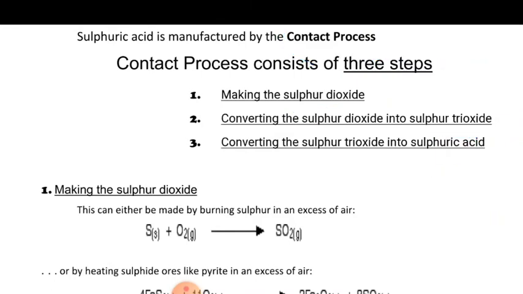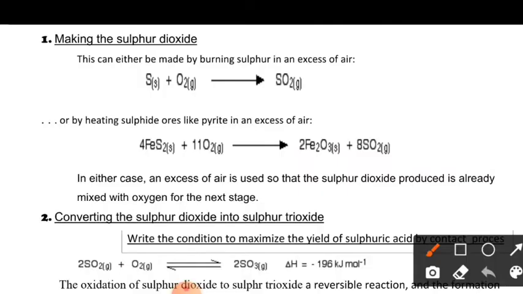Let us discuss one by one. The first one, manufacturing of sulfur dioxide. Usually when sulfur is treated with oxygen, we get sulfur dioxide. How are we preparing sulfur dioxide? By heating sulfur with oxygen. The same sulfur dioxide can also be prepared by heating iron pyrites or any sulfide minerals.